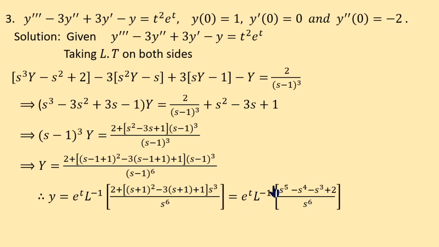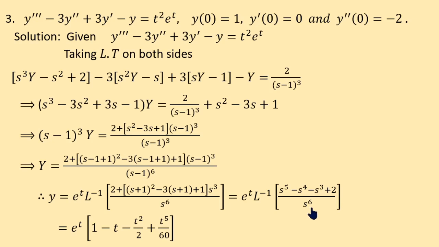Now separate this. S power 5 by s power 6 is 1 by s, minus 1 by s square, minus 1 by s cube, plus 2 by s power 6. Its inverse: 1 by s inverse is 1, minus 1 by s square means t, minus 1 by s cube means t square by 2 factorial, plus 2 by s power 6, which is 2 into t power 5 by 5 factorial.